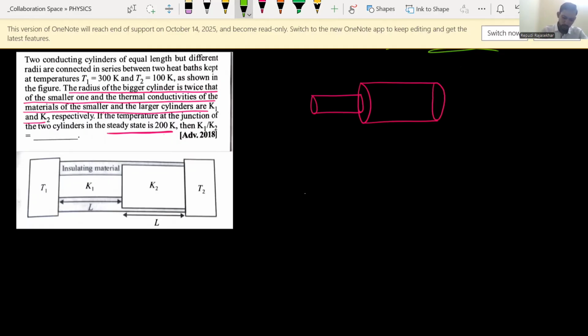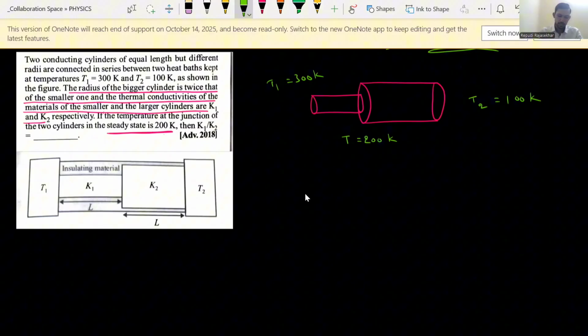It is having temperature T1 given at this end, T1 equals 300 Kelvins, and at this end T2 value given, this is 100 Kelvins. And junction temperature given as 200 Kelvin.